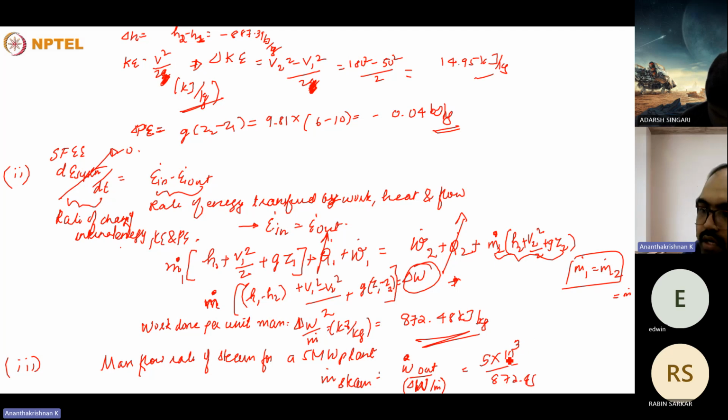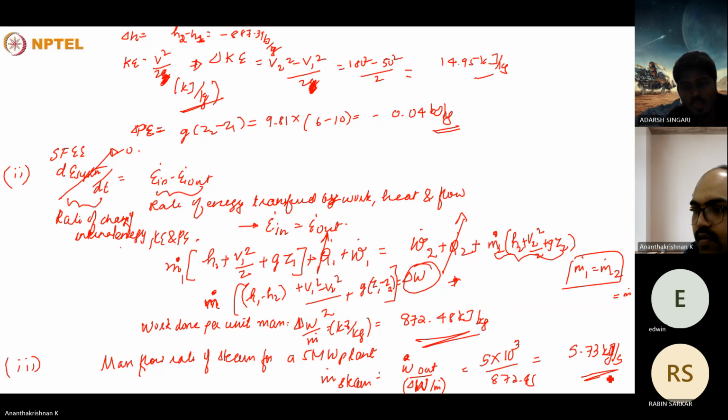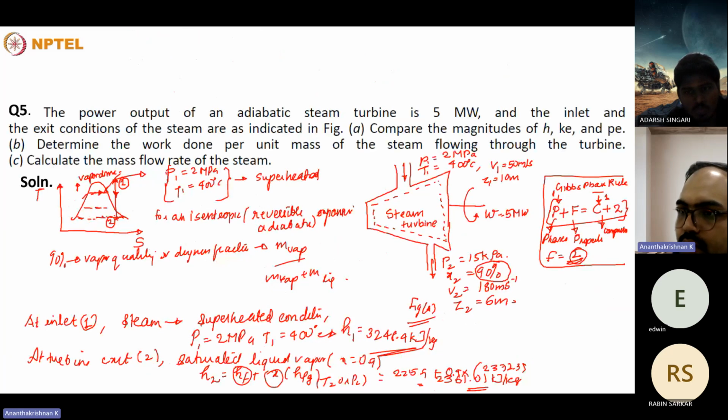So this is megajoule, so in terms of kilojoule, kilowatt, you just multiply it by 10 cube. 5.73 kg/s. So this is a problem that uses the steady flow energy equation to calculate the work done per unit mass for this case, and then using the total power generated by the steam turbine, we have calculated the mass flow rate of the steam.